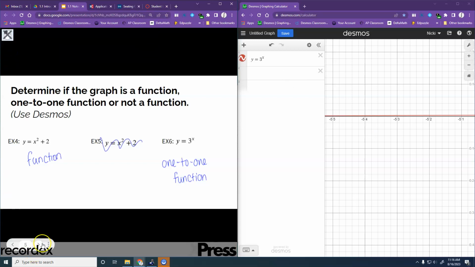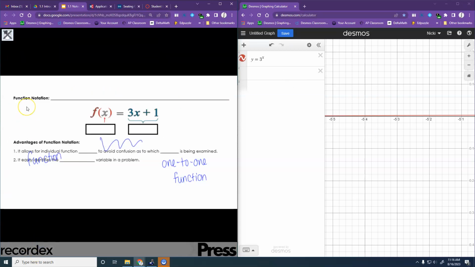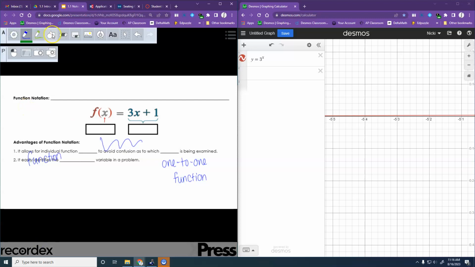So, let's see. Function notation. All right, we're going to do this slide and then we'll have to quit. We'll finish the rest of these tomorrow. All right, so function notation is really important. Whatever variable is right here is your independent variable.